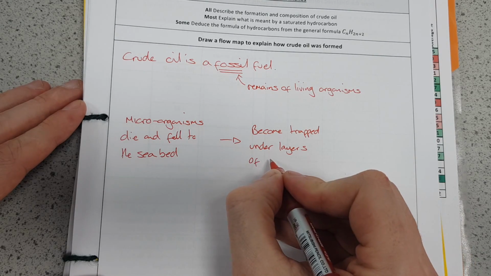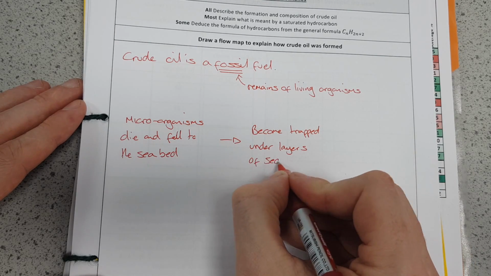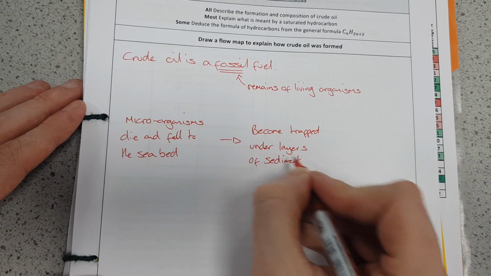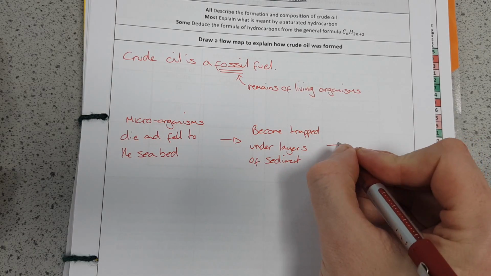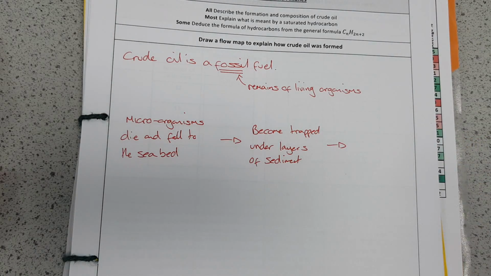The layers of sand, silt and sediment are going to build up on top of our dead microorganisms. And what that does is two things. Number one, it puts them under immense pressure. You're also creating an environment where no oxygen can get into the organisms. If there's no oxygen, they can't decompose, so that's quite important.